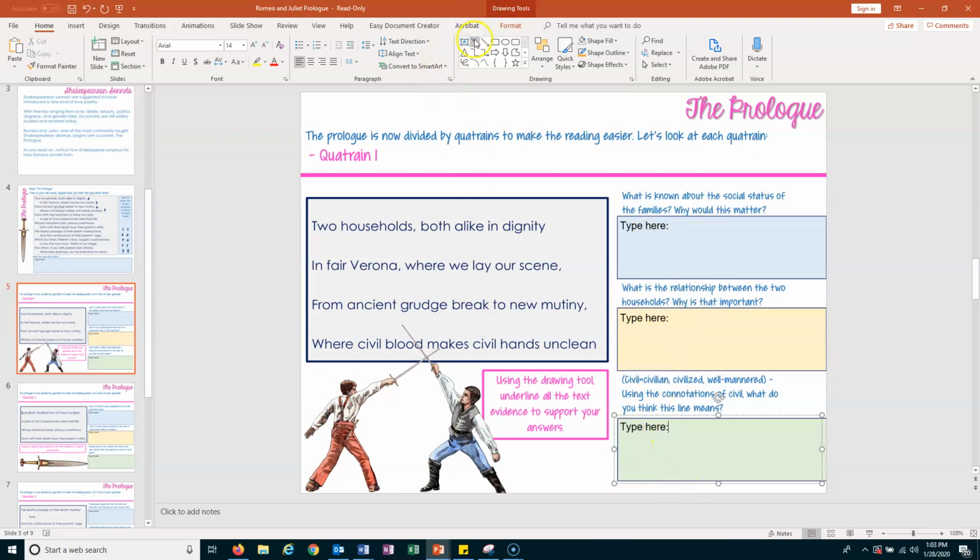In the drawing tools here, if I'm going to underline, boop, underline, and I can underline. And you can also change the color of those if you would like to. You can just do a different color if you want to make that darker. Hold on one second. I had to make sure I was right before I had to go through and search 5 million times.